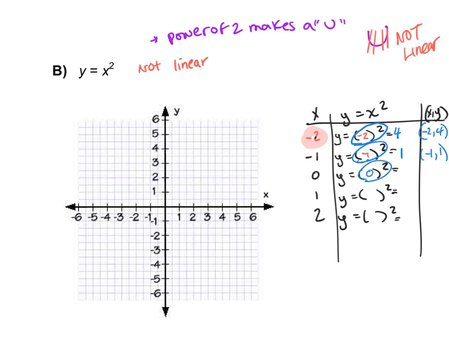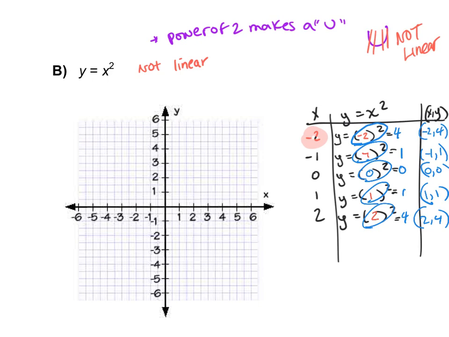Plug in 0. 0 squared is 0. 0 comma 0. Plug in 1. 1 squared is 1. 1 comma 1. Plug in 2. 2 squared is 4. So 2 comma 4.